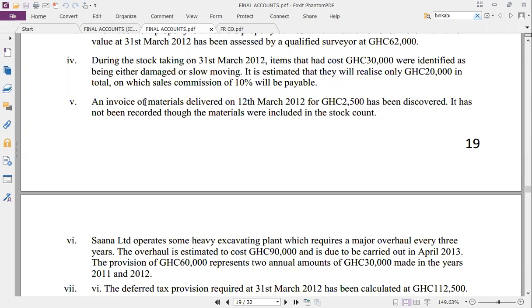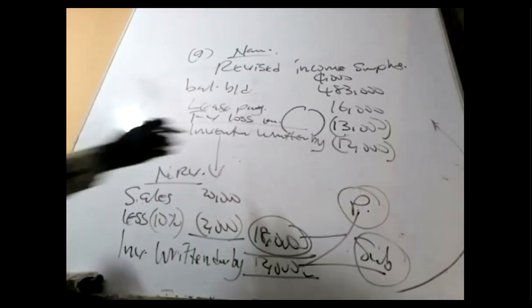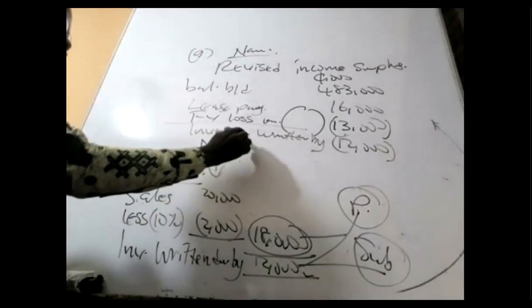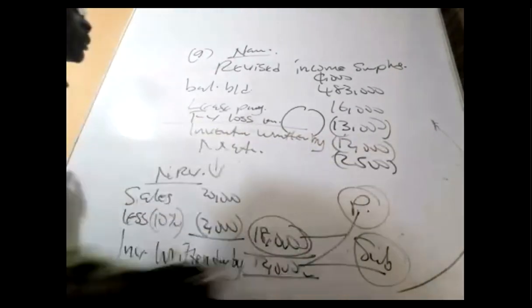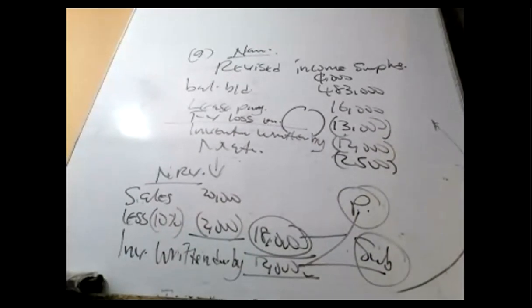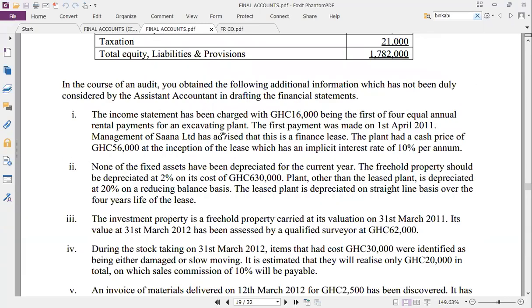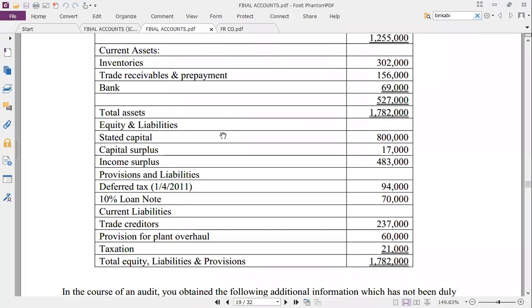So let's treat it. First, it's an expense. So materials 2,500, I'll subtract, and go to the statement of financial position. Then go to trade payables or trade creditors.